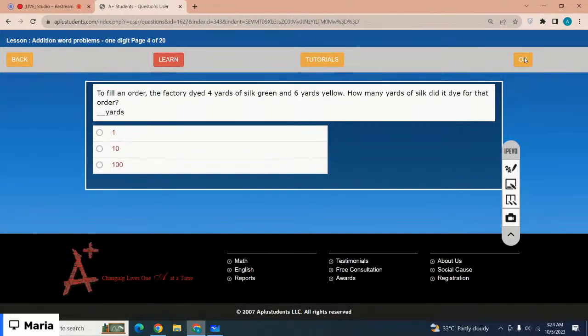Okay, to fill an order, the factory dyed 4 yards of silk green and 6 yards yellow. How many yards of silk did it dye for that order? So, which is the correct option?